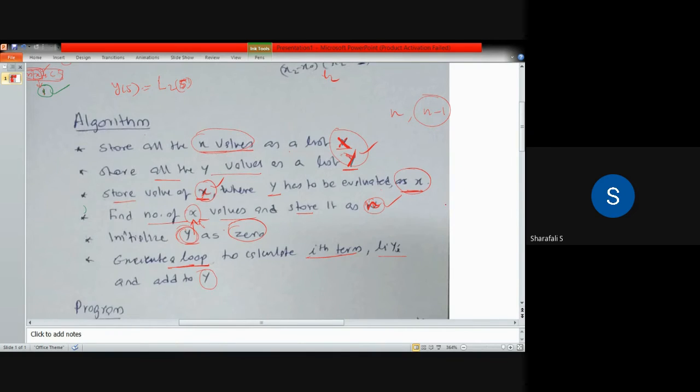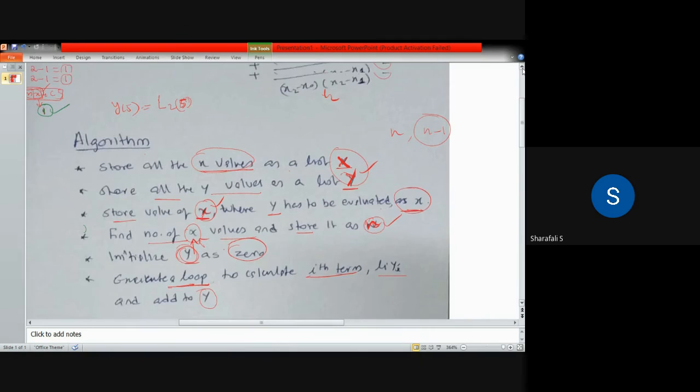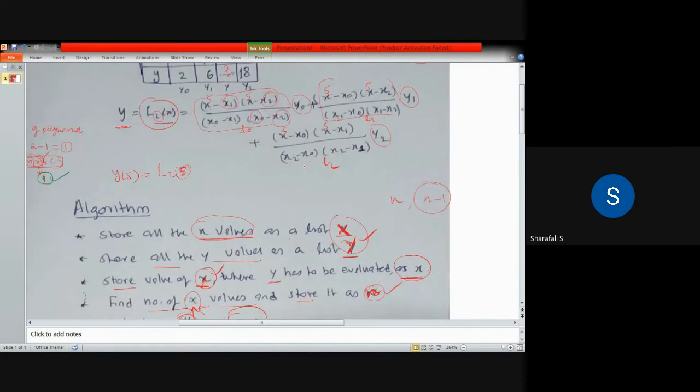Okay, so each time, for example, in this equation that you have, if you have provided three data points, in this example I am saying, which means that your highest degree possible is 2.